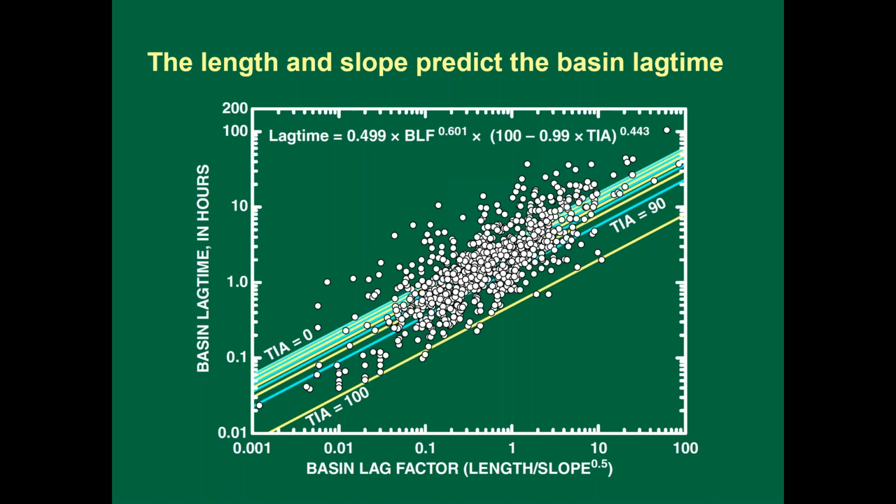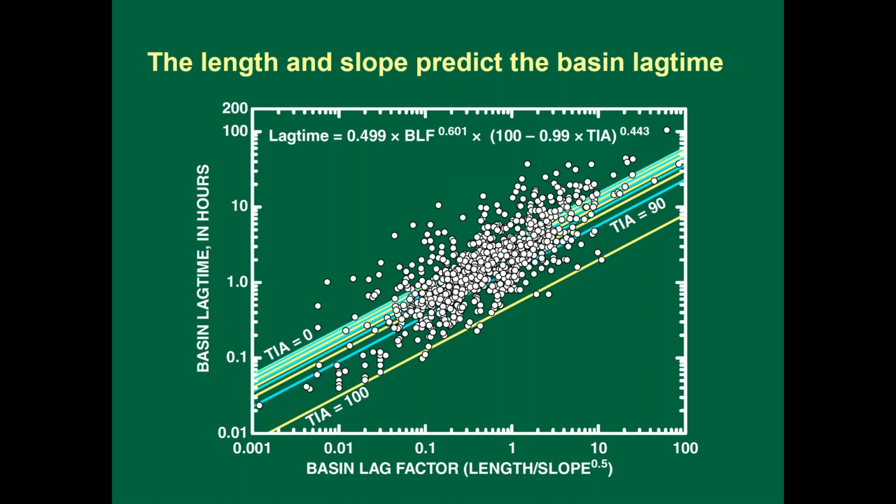The axes on these graphs are the same: the basin lag time in hours on a log scale from 0.01 hours to 200 hours, and on the bottom the basin lag factor, the length divided by the square root of slope, from 0.001 to 100.